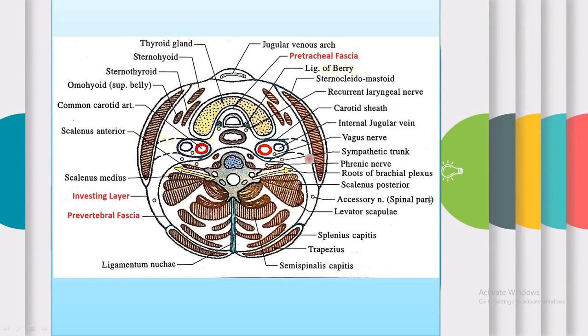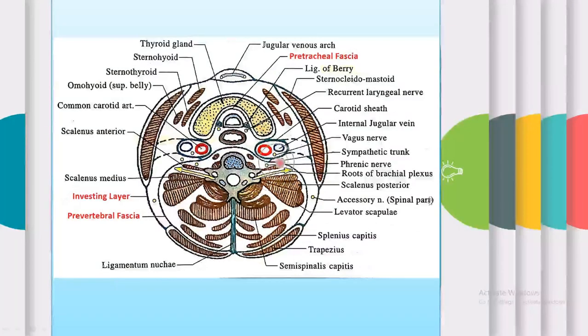After arising, the prevertebral fascia passes medially and forms the posterior wall of the carotid sheath. Then it covers the cervical vertebra and prevertebral muscles and continues with the similar fascia of the opposite side.